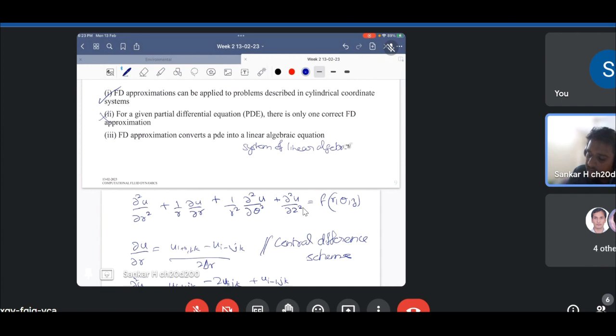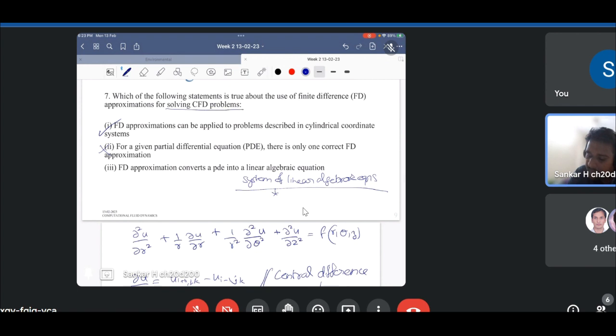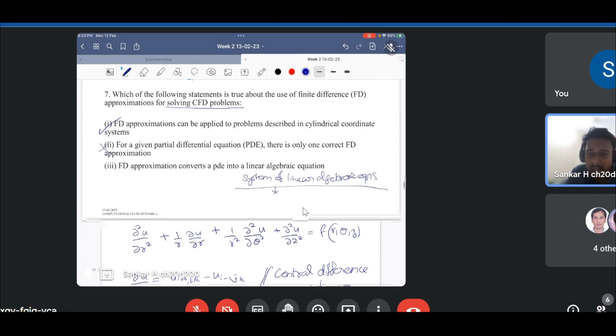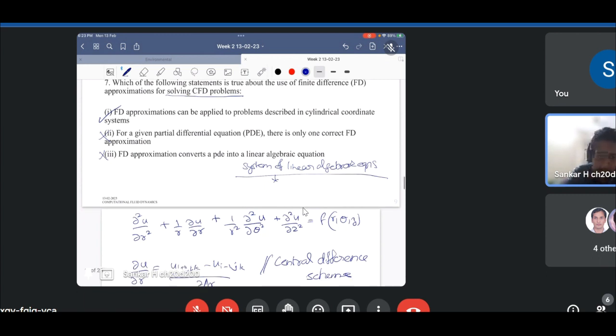And this system of linear algebraic equations is what is being solved in a finite difference scheme for CFD problems. We solve a system of linear algebraic equations rather than just one linear algebraic equation. So that statement is also wrong. I hope that answers your question, Maulin.